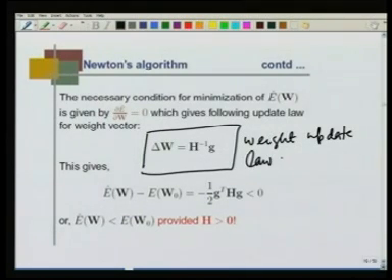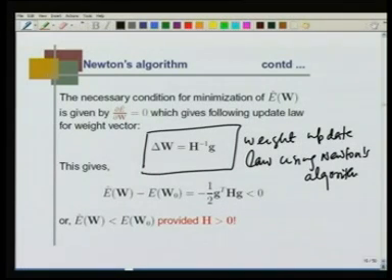Using Newton's algorithm. But unfortunately, once I take this, you can easily see that E hat minus E W naught is not always a negative quantity; it is negative definite only when H is positive definite.